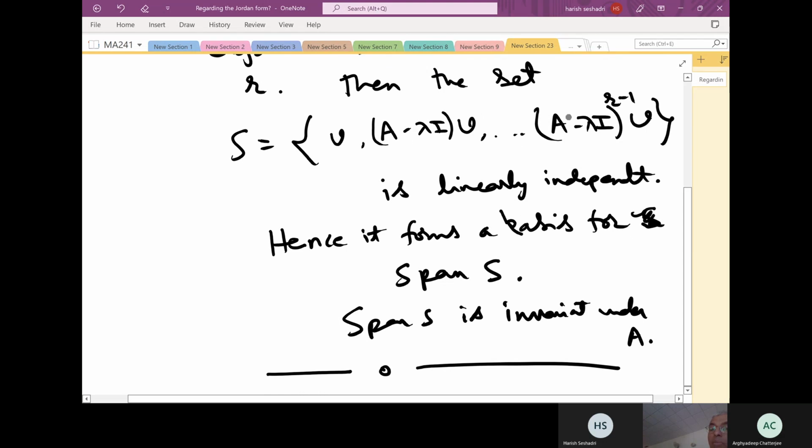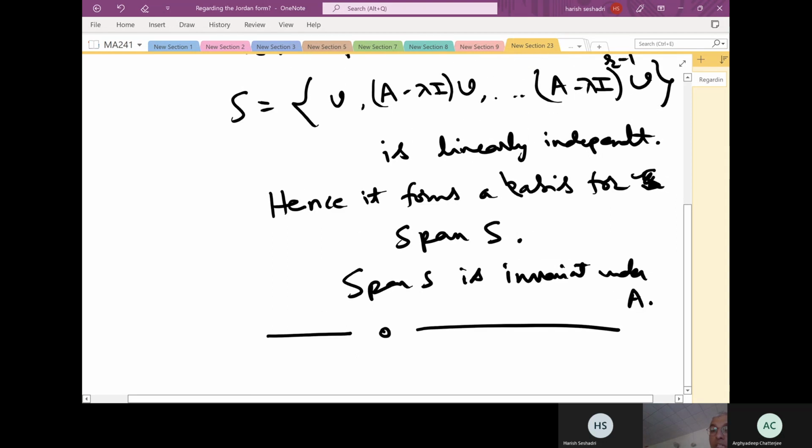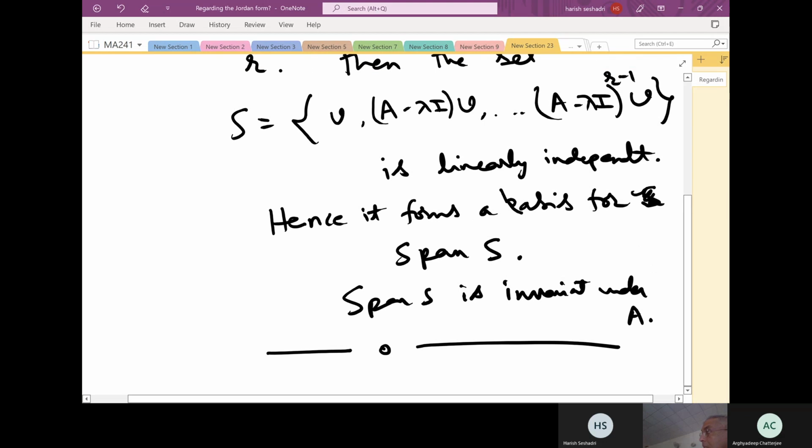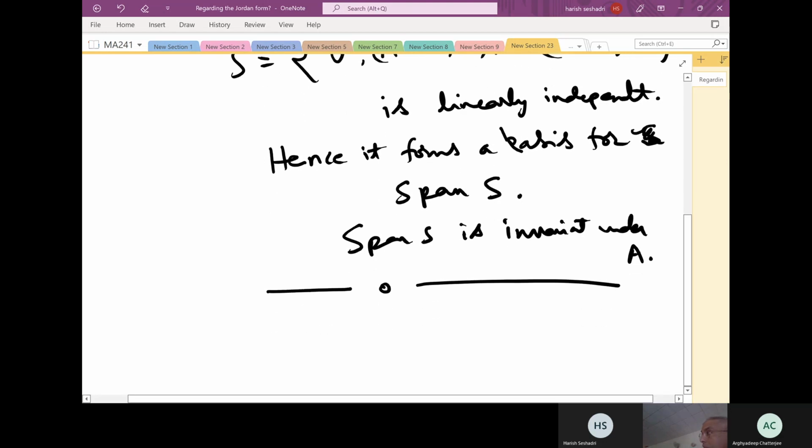You just keep on taking powers and multiplying. Even that, if you do it by hand, you can quickly imagine that it's very unpleasant. Taking powers of a matrix already becomes something. But at least this gives you that this is a basis. The problem arises when you have to compute all possible generalized eigenvectors. There will be several corresponding to lambda.